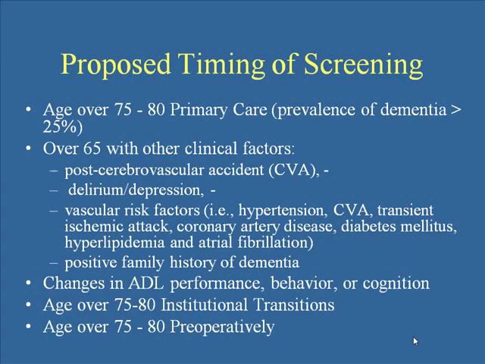And that list you can see there, but just to go through it explicitly, a person over the age of 65 who has a history of a cerebrovascular accident, people over the age of 65 who have experienced late onset depression or delirium during times of physical stress, people who are over 65 and have vascular risk factors that might predispose them to either vascular dementia or mixed dementia syndromes, and of course people over the age of 65 who have a positive family history of dementia.